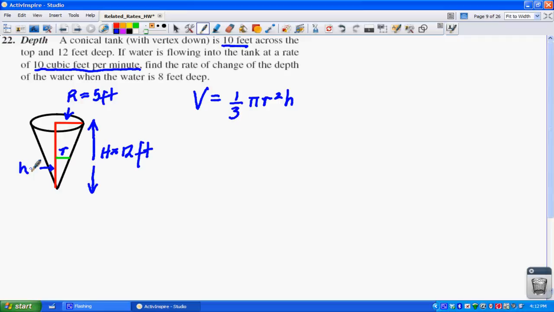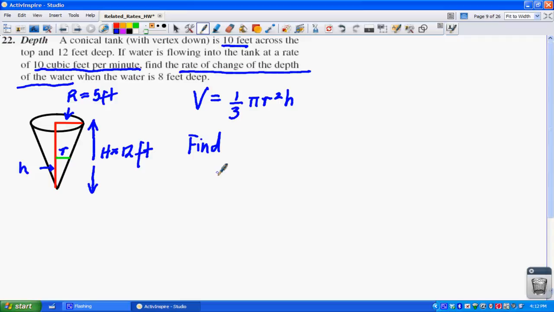Let's see what we have to find. Let's write down what we have to find here. We need to find the rate of change of the depth of the water when the water is 8 feet. Now, the depth of the water is going to be given by what?